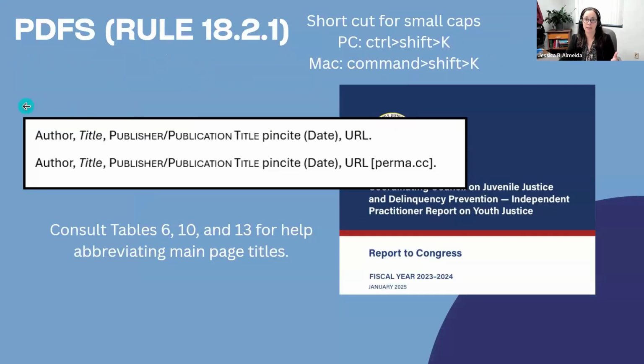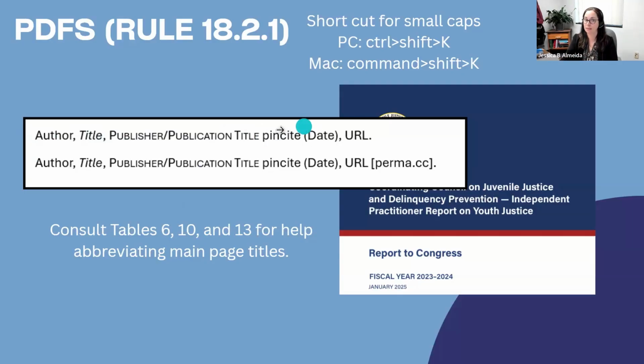So I gave you two examples here. One is if you're just doing your paper for a class, and the other one is if you have access to Perma.cc and you would like to get published. So the first one: author, comma, the title of the PDF is italicized, comma, the publisher or publication title would be in small caps.